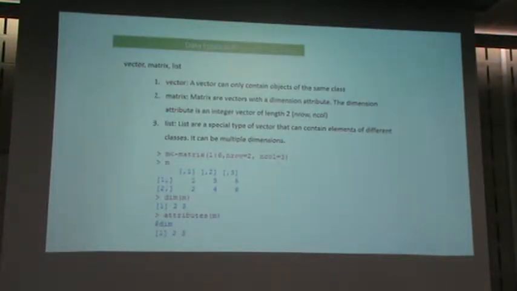I think you will learn after you type some exercises, so you can easily understand. So don't worry. In the case of a matrix, this one shows the number of rows and number of columns. The dimension is 2 by 3. It returns the dimension, and the attribute of m is 2 by 3.